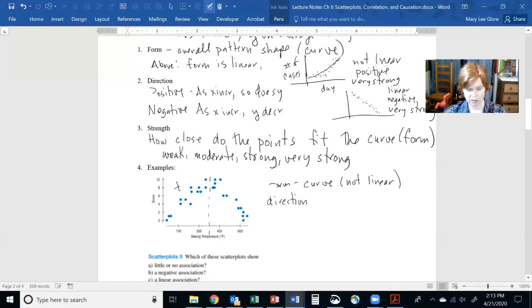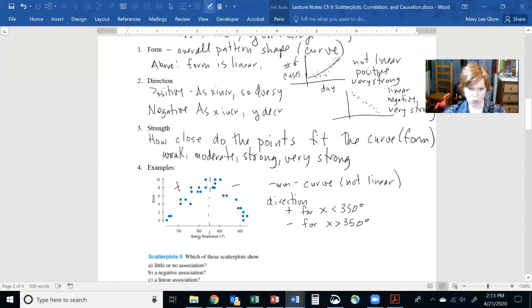So it's positive on this range and negative on this range. The direction is positive for X less than 350 degrees, and then it's negative for X greater than 350 degrees. It's just different for different ranges of X.